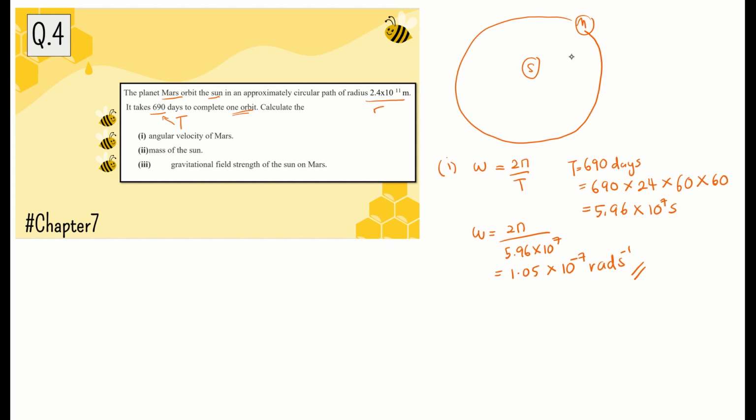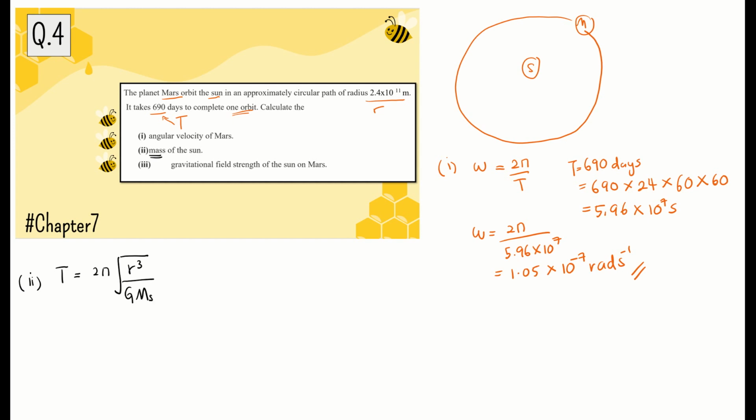Next, question number 2. The question asks us to find the mass of the Sun. So to find the mass of the Sun, we are going to apply the equation for period, because in this equation we have the mass of the Sun. So it's the square root of r cubed over gravitational constant times the mass of the Sun.